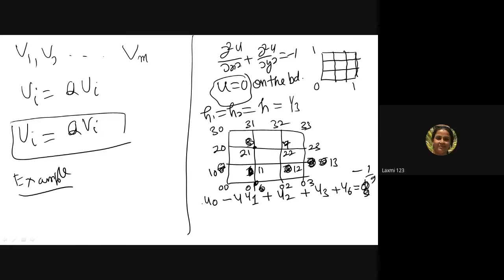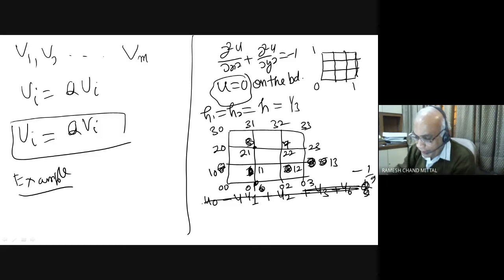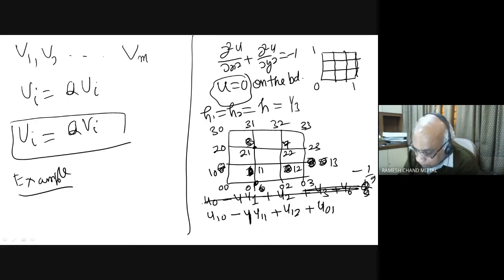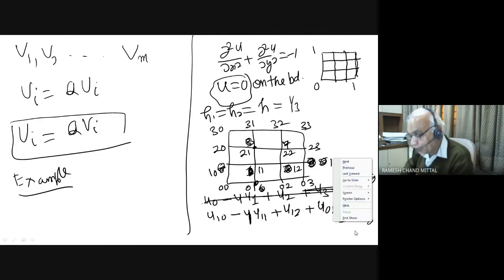So I have my equation: u10 minus 4 u11 plus u12, written this way so that u and n do not get confused. This is from this line, then the 0 1 point from this point, and the 2 1 point from above, is equal to 1 upon 9 minus 1 upon 9. Any issue?